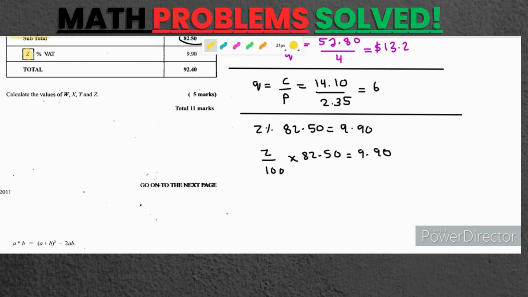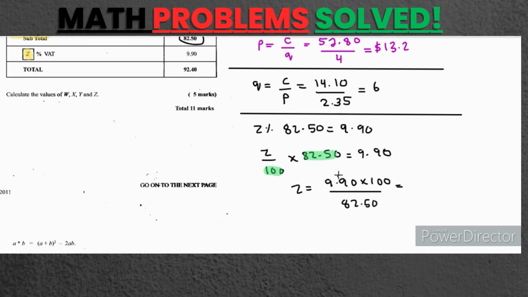So here what will you do? You will move these two to the other side. This is multiplication and this is division here. So when you move it to the other side, they will be swapped, right? So Z will be equal to 9.90 times 100 divided by 82.50, right?